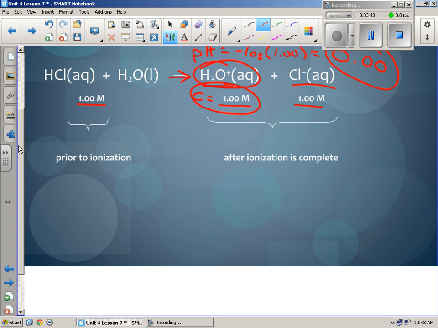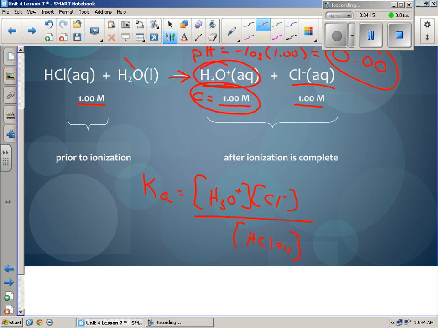I'm not going to use Kc for this one because today you're going to learn about something called Ka, which is the equilibrium constant for an acid. That's the only difference, a slightly different abbreviation. Same stuff as we did before. I'm going to call this Ka here. And I would say Ka is what? H3O+ times Cl- over HCl in this case, right?